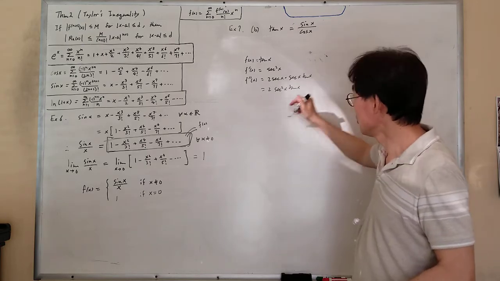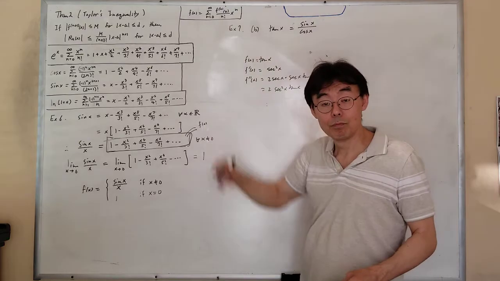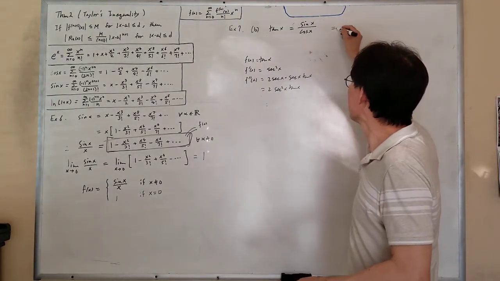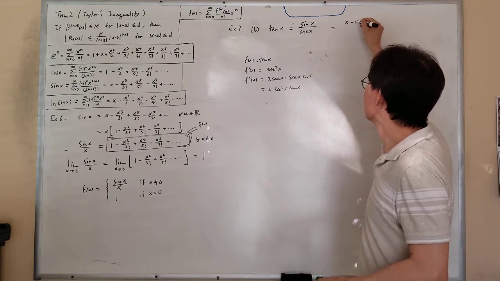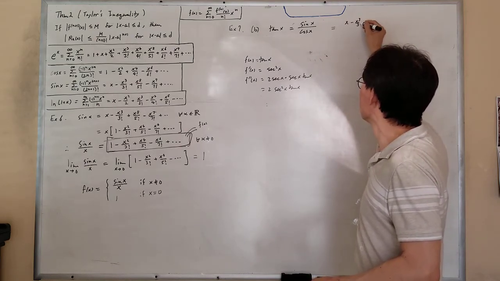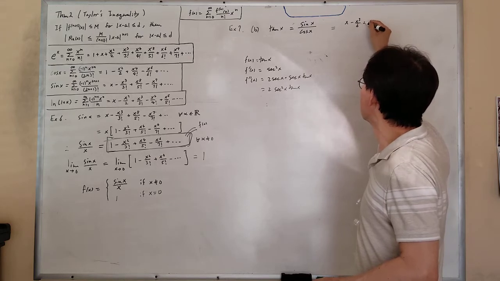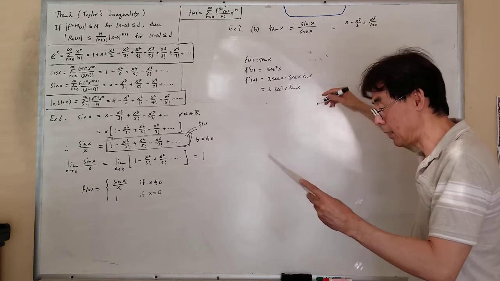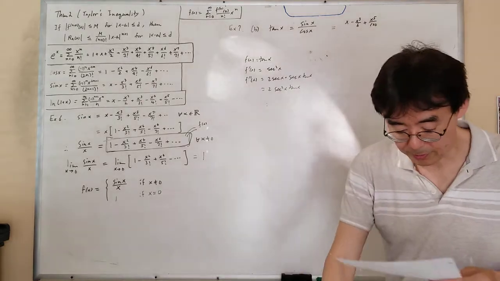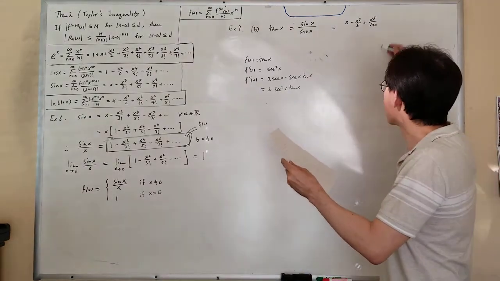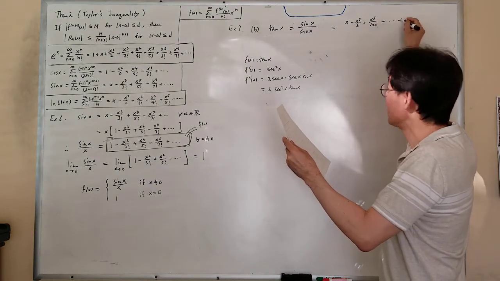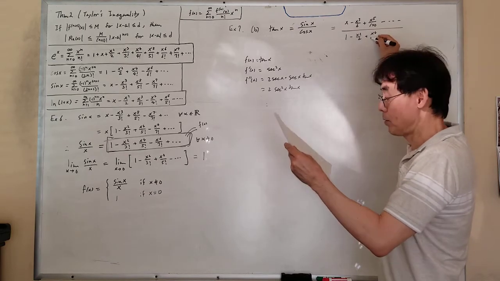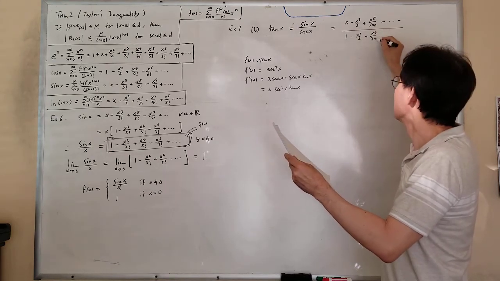So yes, you can do it with the Maclaurin series formula, or you can do it as a long division. 3 factorial is 6 over 5 factorial 120. You can do it this way. Sine divided by 1 minus x squared over 2 plus x to the 4th over 4 factorial, 24.